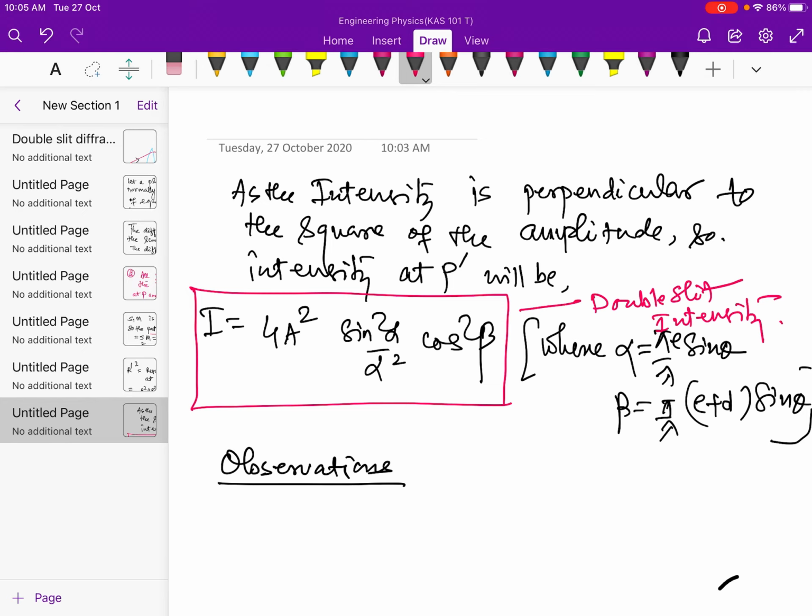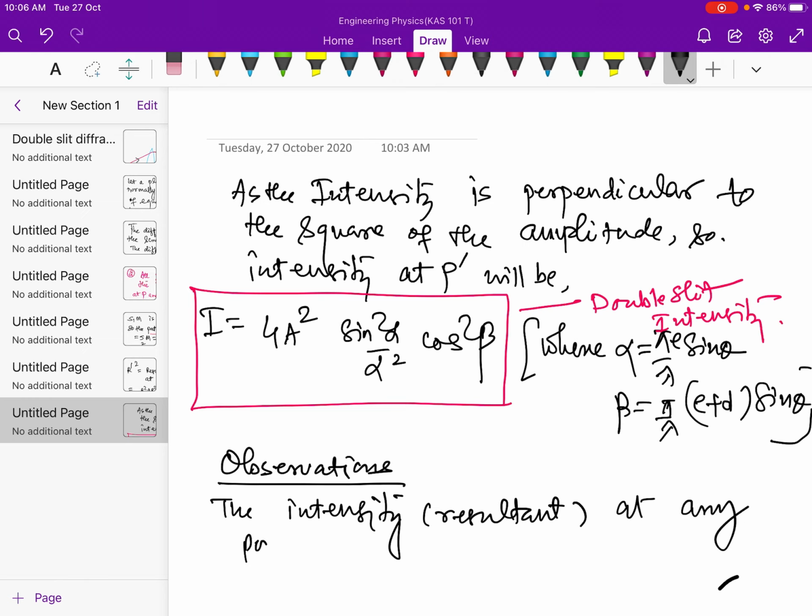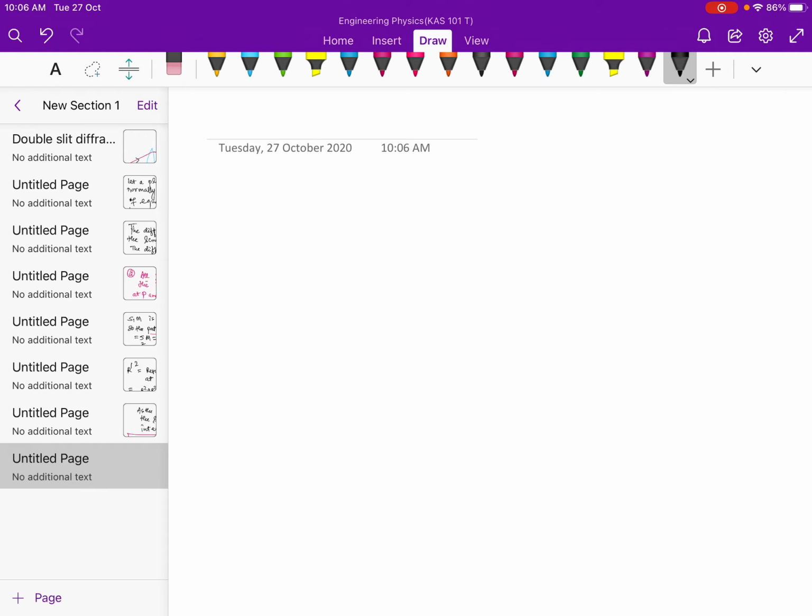In the observations, the resultant intensity at any point is the contribution of two factors.